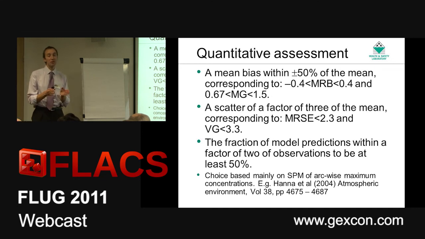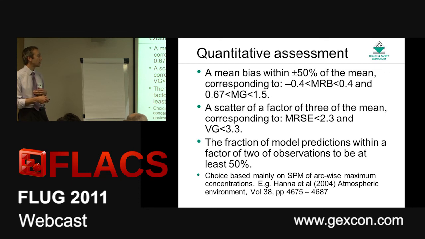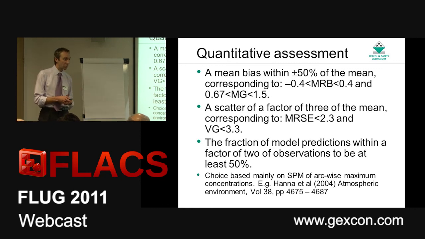That basically means if you average across all of your experimental data, on average, you should be within a factor of 50%. And that basically corresponds to the mean relative bias being between these values and the geometric mean being between these values. I can provide you with what these terms actually mean if you're interested.